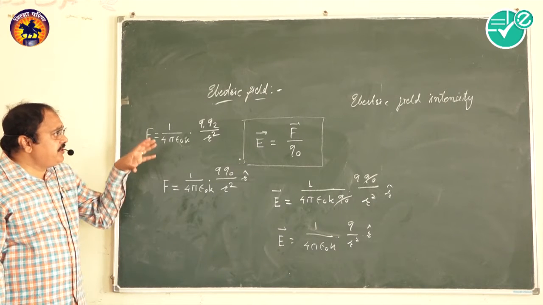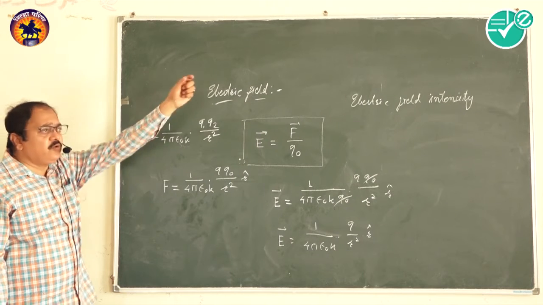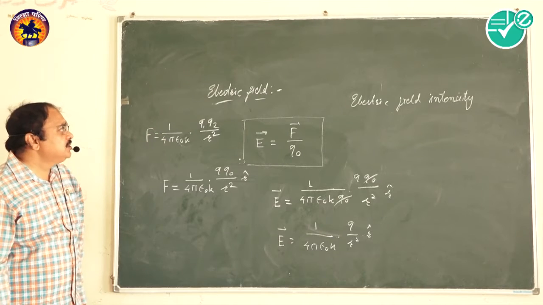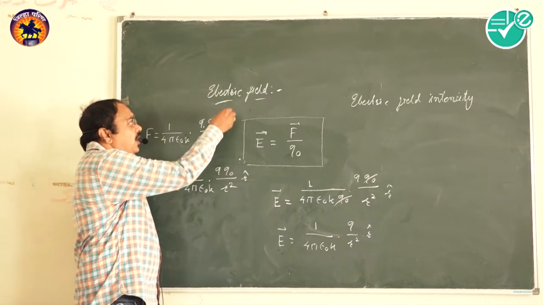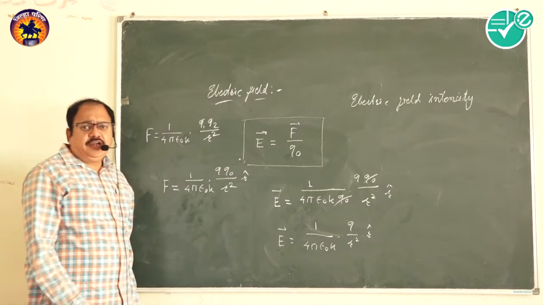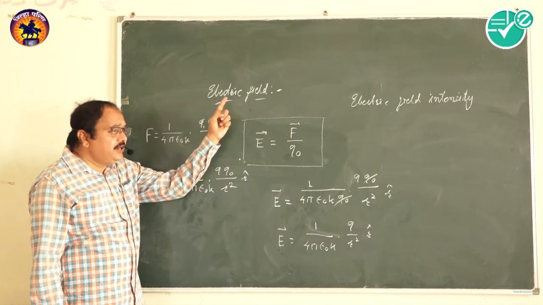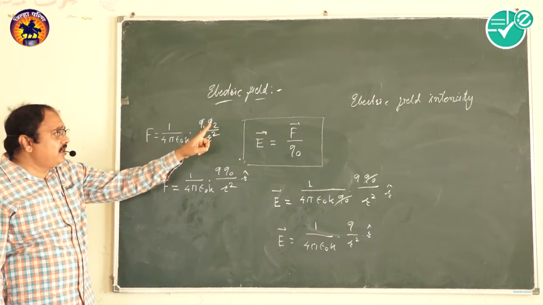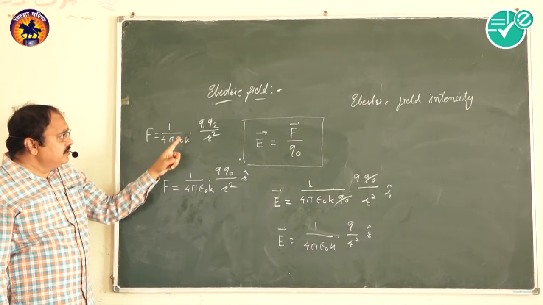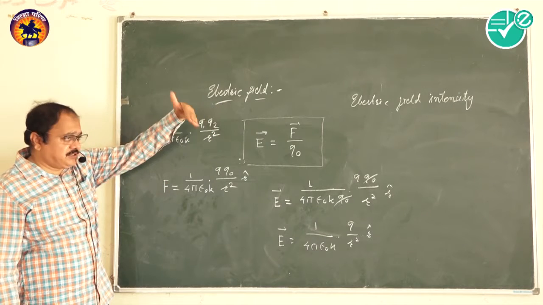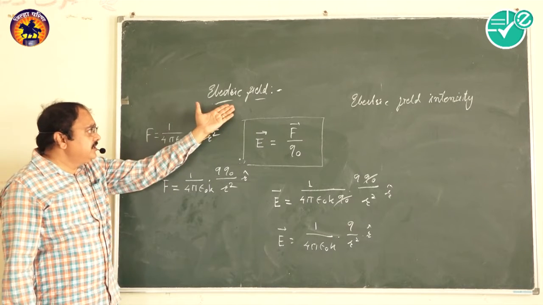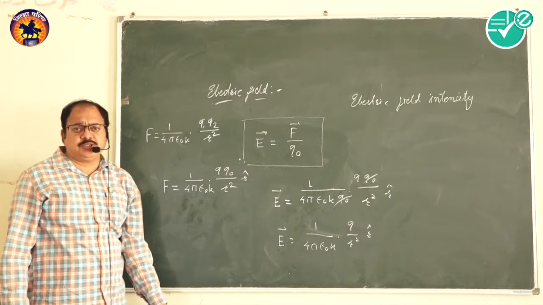That specific area which experiences the force due to that charge is called the electric field. Electric field is also a vector quantity. The electric field was first introduced by Michael Faraday. Later we will express this electric field in terms of electric lines of force.